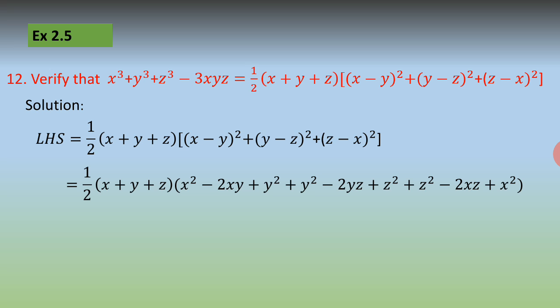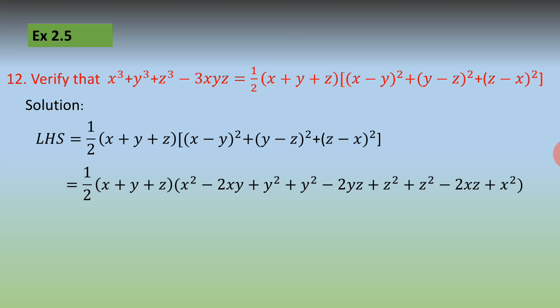Half remains same, first bracket remains same, whereas the second bracket is now expanded. x minus y whole square is x square minus 2xy plus y square. Then y minus z whole square is y square minus 2yz plus z square. And the third squaring, that is z minus x whole square, is now z square minus 2xz plus x square.